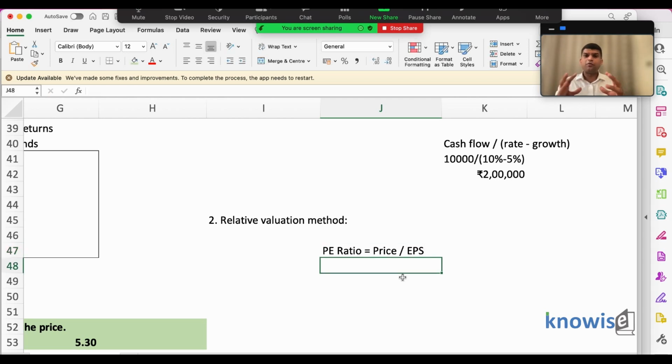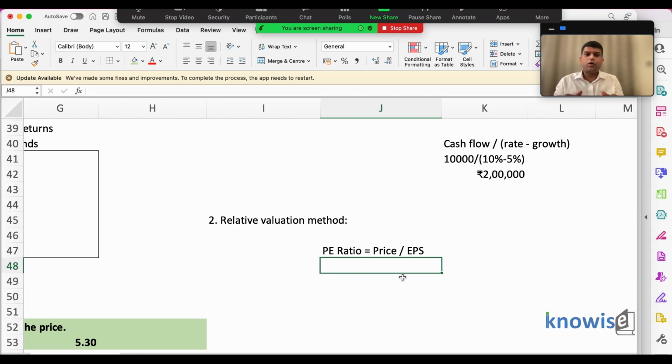When you look at the PE ratio, all the variables taken into consideration are values per share. So when you say price, it is price per share divided by EPS, which stands for earning per share. What is earning per share of a company? It is nothing but the net profit generated by the company divided by the number of shares issued by the company, or number of shares outstanding.